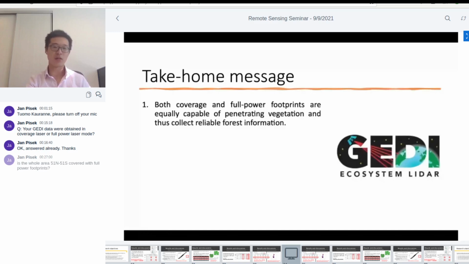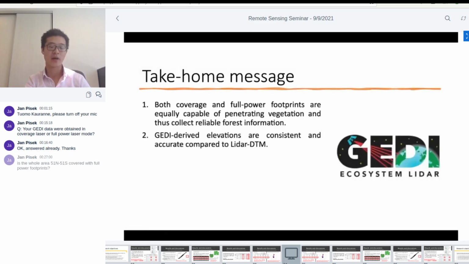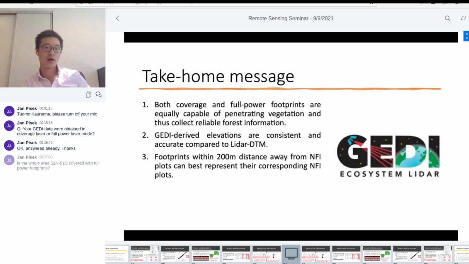And we found out that a footprint within 200 meters distance from NFI plots can best represent their corresponding NFI plot information and be further used in small area estimation. And then the last one is forest inventory precision can be improved with GEDI auxiliary data using some typical standard small area estimation method.